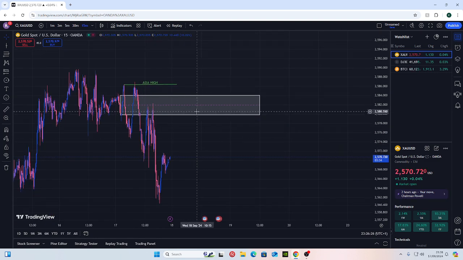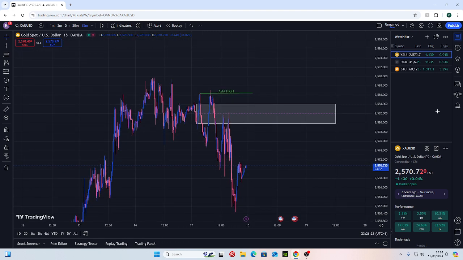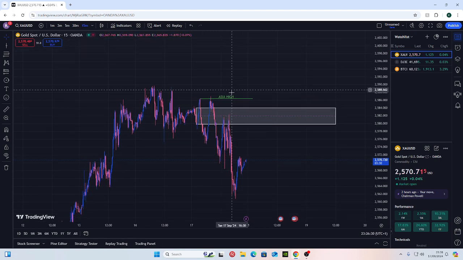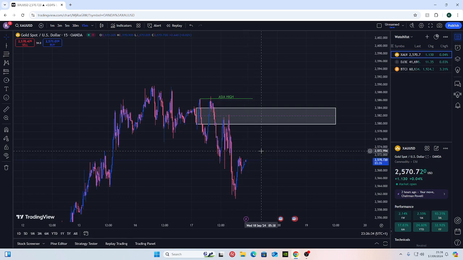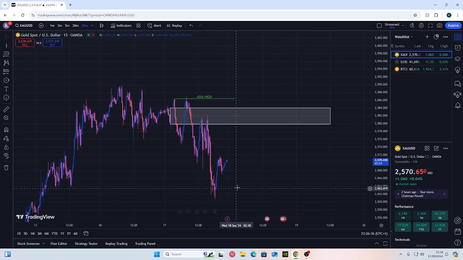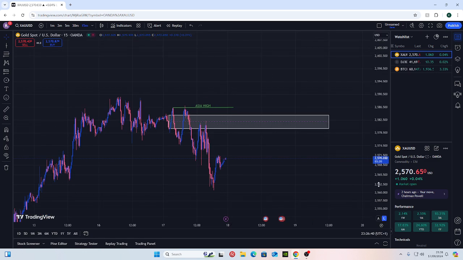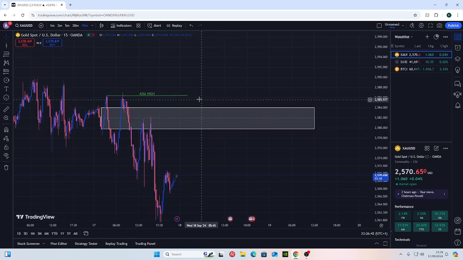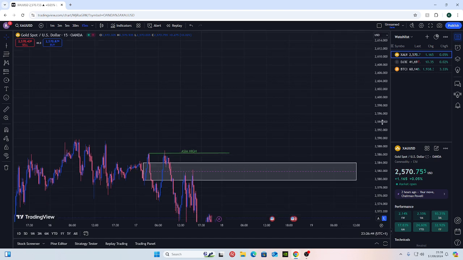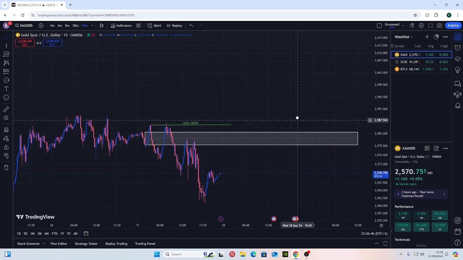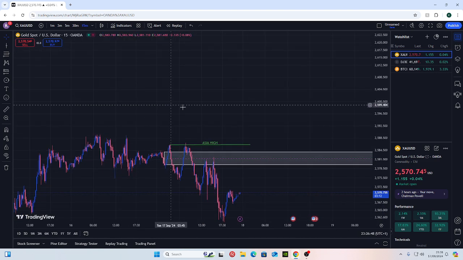But yeah, just don't overtrade it, especially with these ones. You're going to be looking for like 1 to 3 trades a week, if that. The more you do it, the more money you're going to lose. The less you do it, the more money you're going to make. So yeah, that's genuinely all for that one.